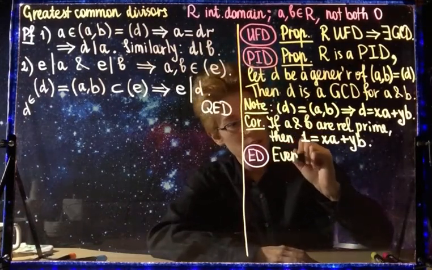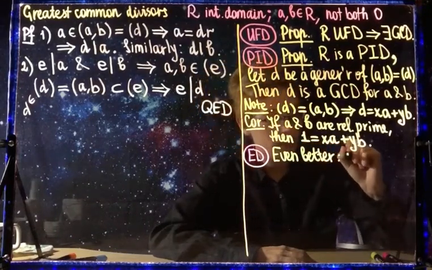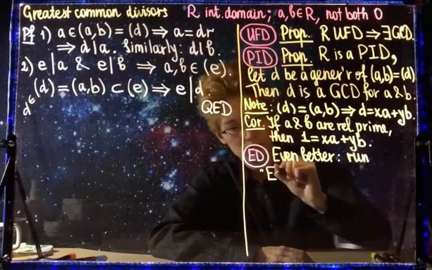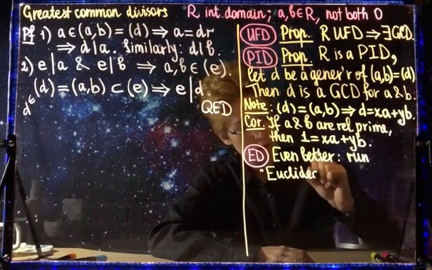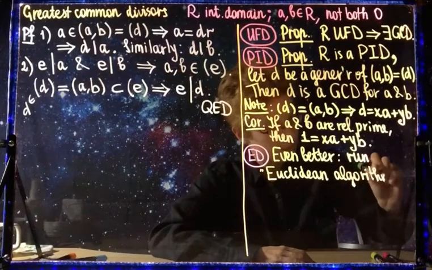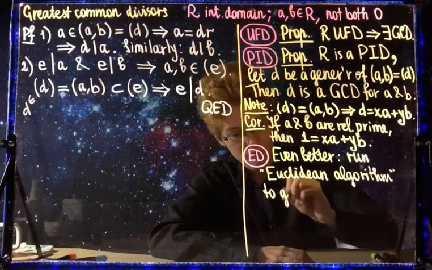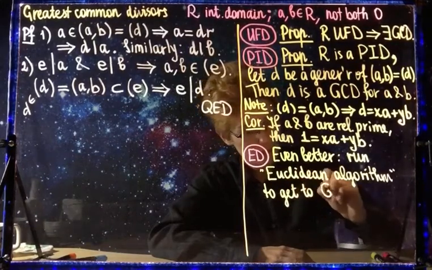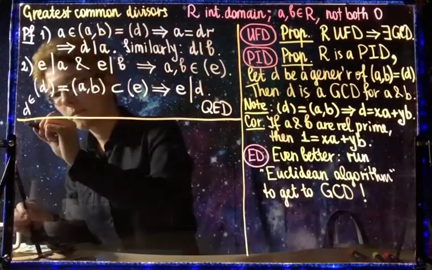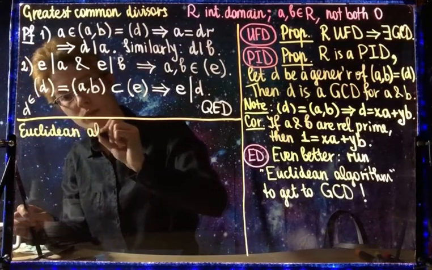So this situation is even better. So we can run the Euclidean algorithm to get to the greatest common divisor. Let me show how this works.